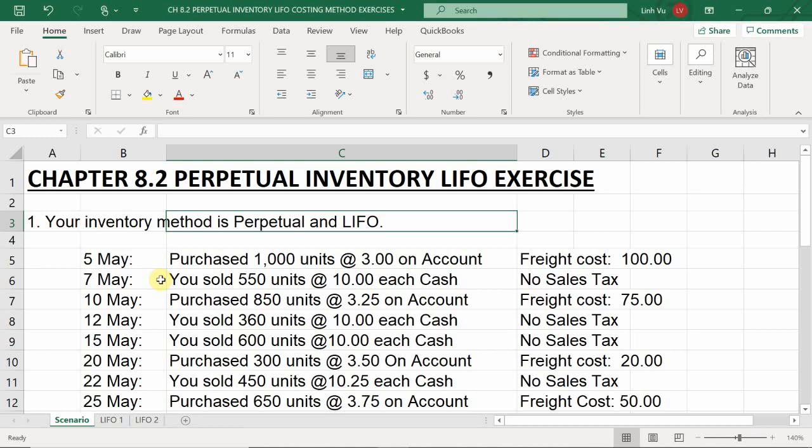So once again, I'm not going to have you practice journalizing just because we've done this before many, many times. We also are going to practice that in the chapter 7 and 8 review anyways, so no need to do it here. So here on May 5th, 1,000 units at $3 each with the freight costing $100.